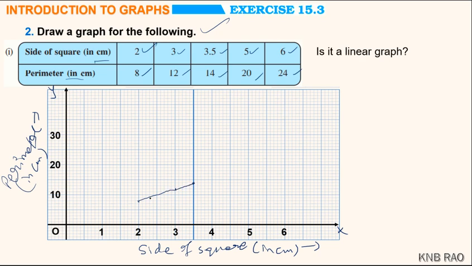For 5 centimeters we have got 20, and for 6 centimeters 24. Is it a linear graph? That is your question. So it is unbroken, and I could answer that.